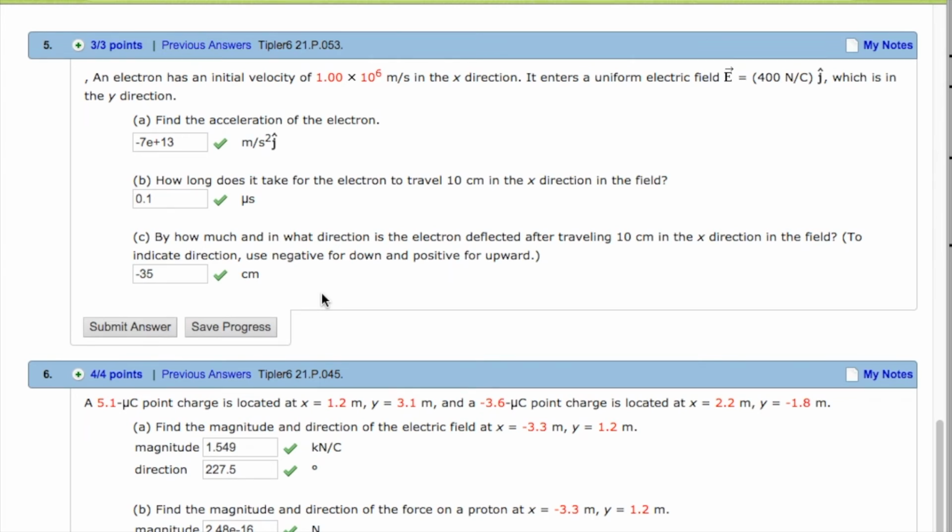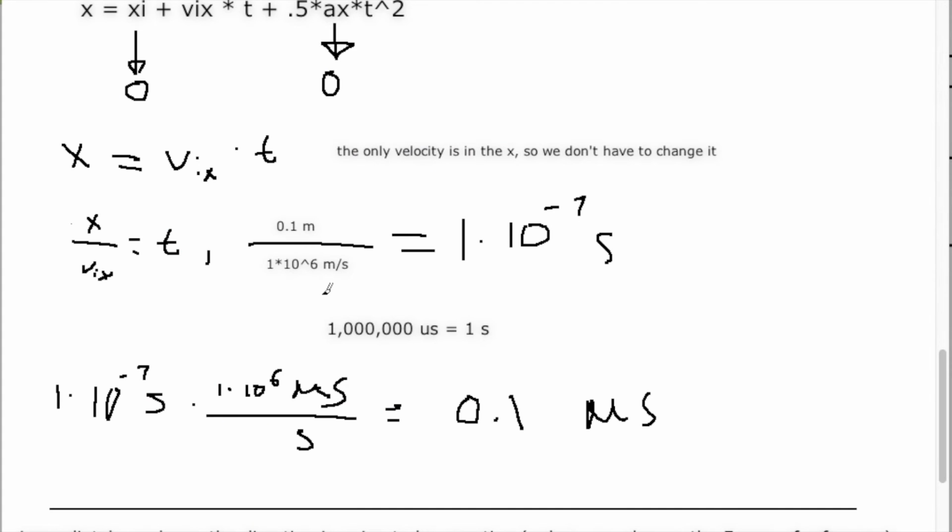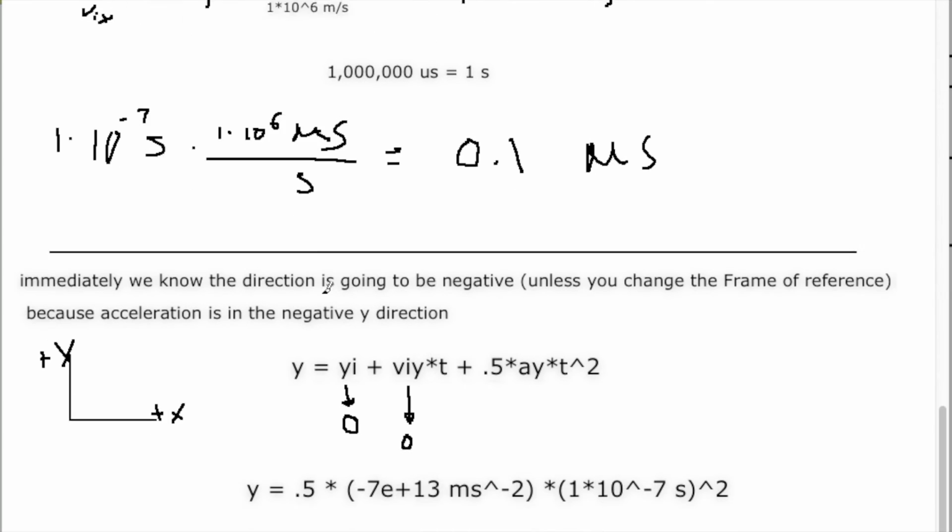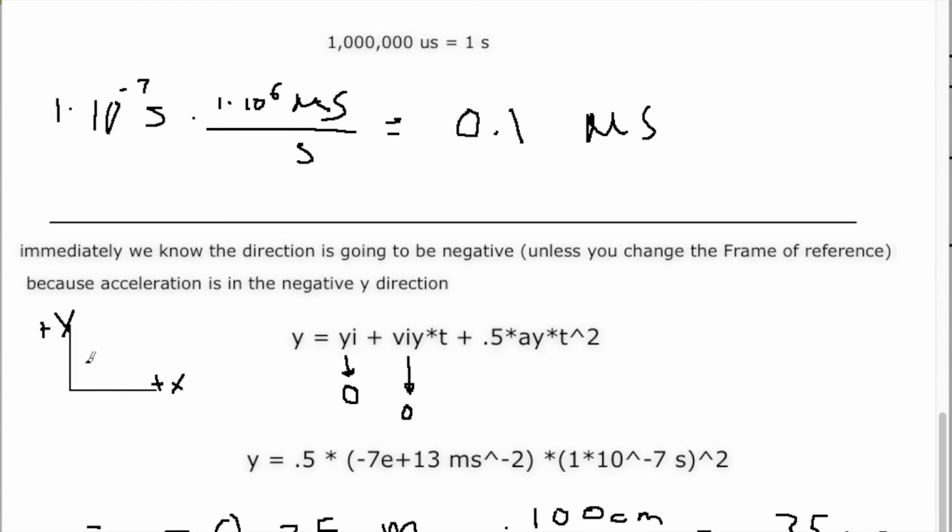By how much and in what direction is the electron deflected after traveling 10 centimeters in the x direction? To indicate direction, use negative for down and positive for upward. So let's think about this. If this is our frame of reference, and it's moving in the x direction 10 centimeters, by the time it hits 10 centimeters, the acceleration from the electric field is going to push it in the y direction, either above or below.